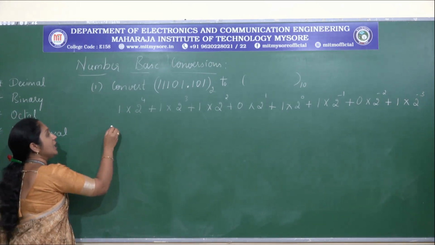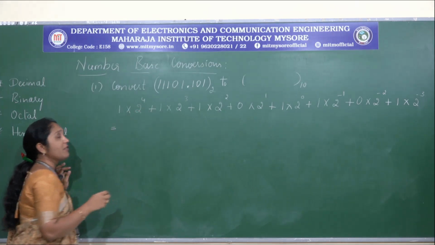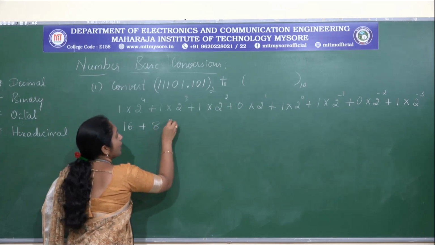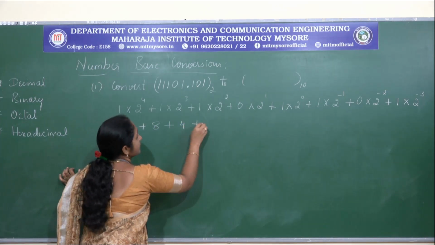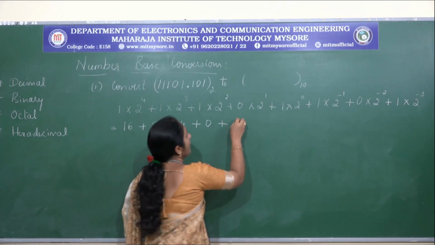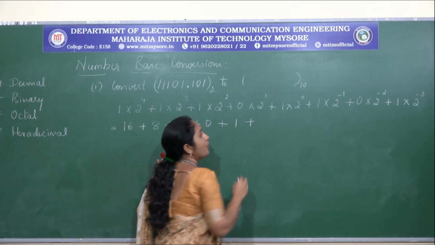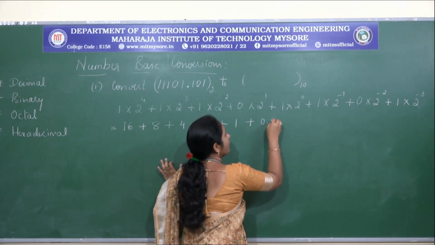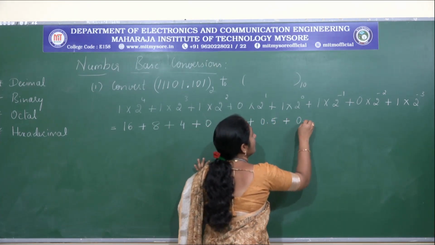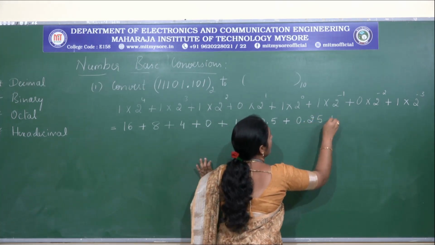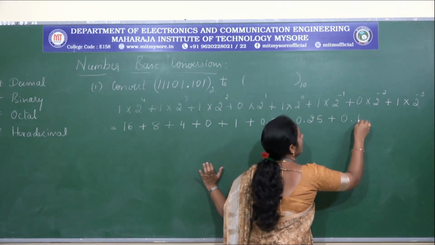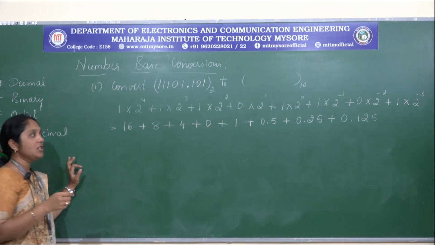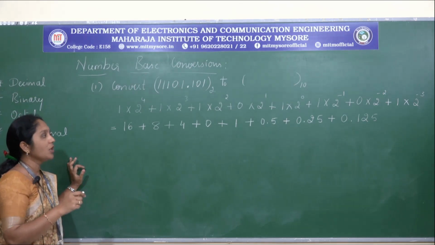Now let us find out the equivalent of this. So 1 into 2 power 4, 2 power 4 is 16. So 16 plus 2 power 3 is 8 plus 2 power 2 is 4 plus 0 plus 1 plus 2 power minus 1. 2 power minus 1 is 1 by 2, which is 0.5, plus 0.25 plus 0.125. So 1 by 8 is 0.125.